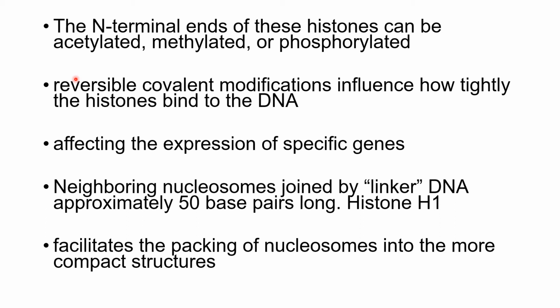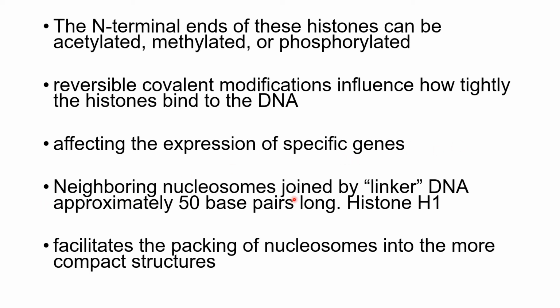So there is a loose interaction between the DNA and the histone molecules, and it also affects conformational changes. This is known as DNA remodeling or chromatin remodeling. So this happens during the expression of specific genes.